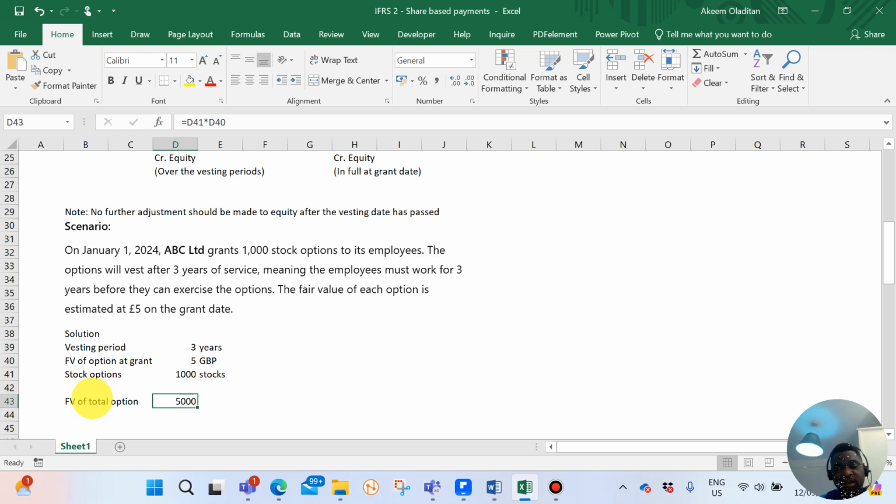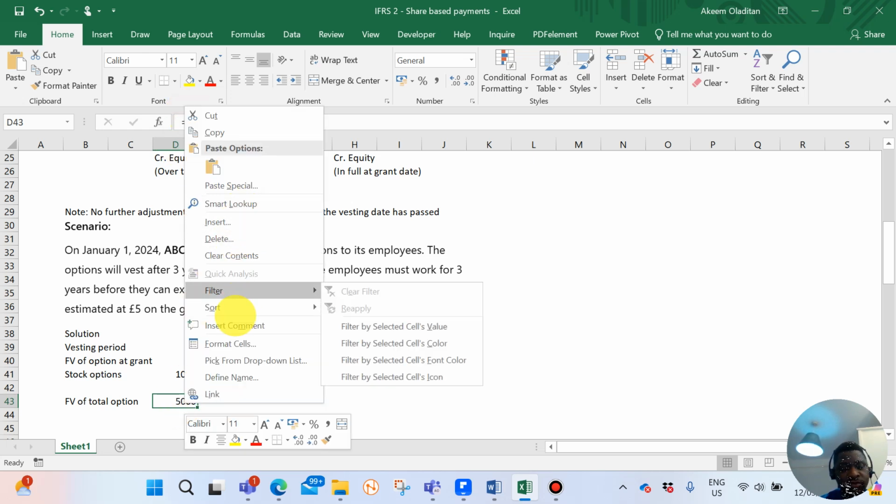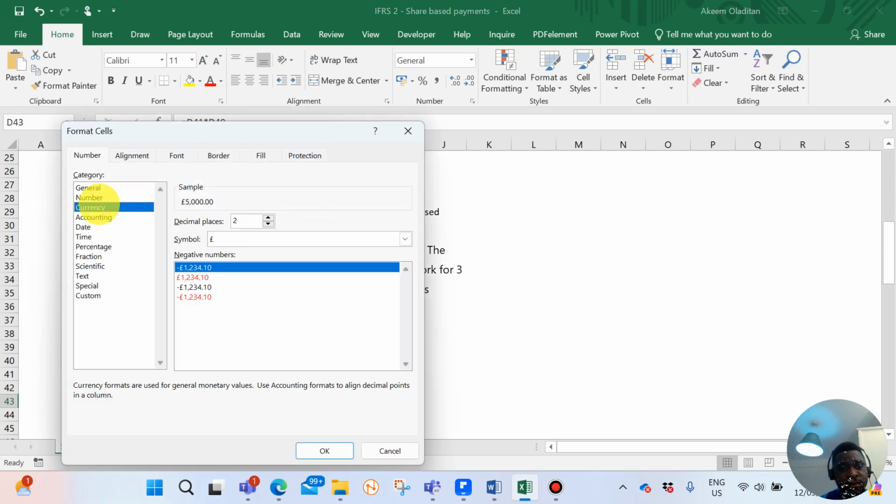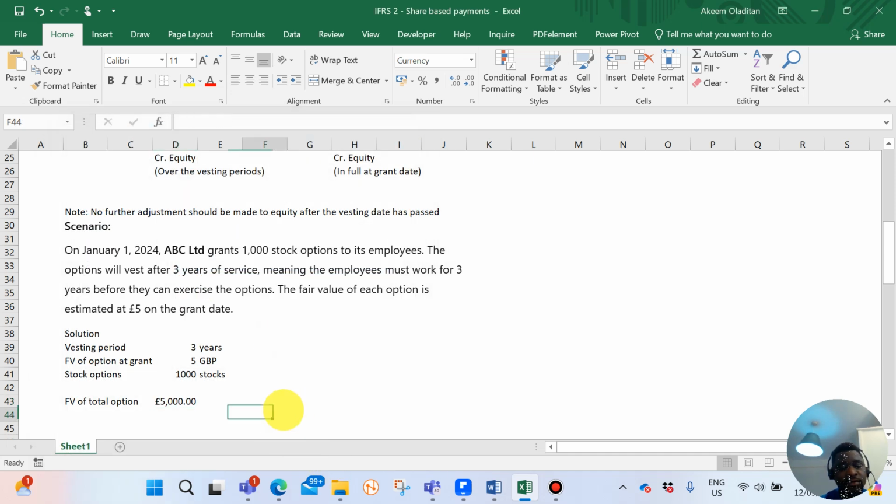So it's 5,000. That is in pounds, so let me format this currency in pounds.